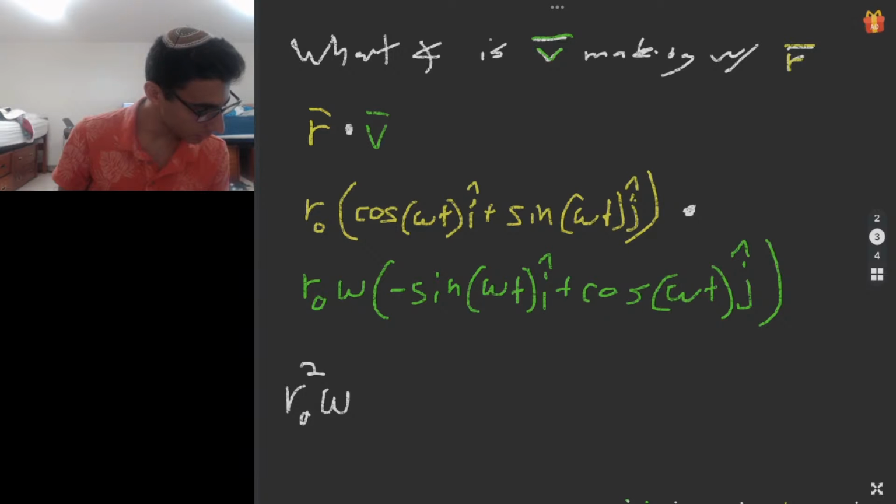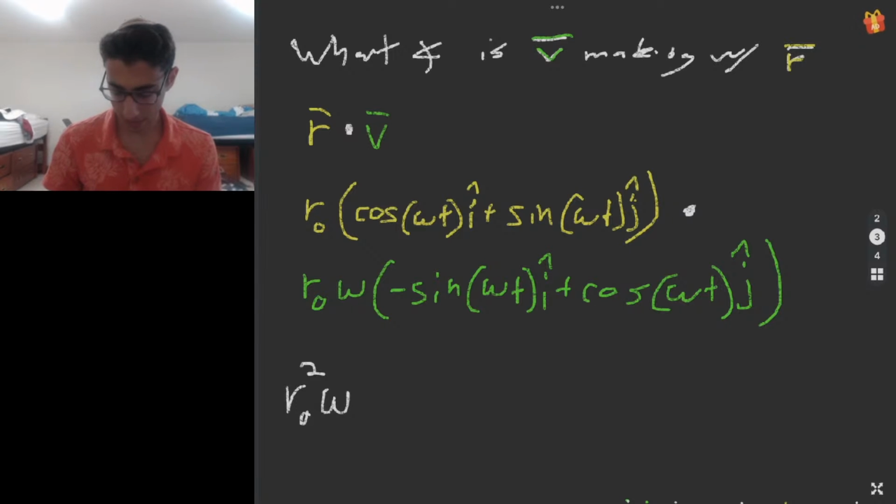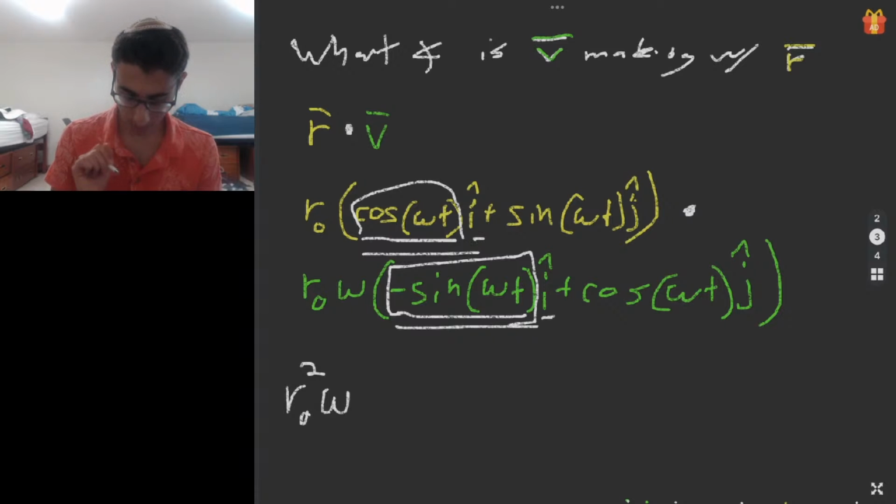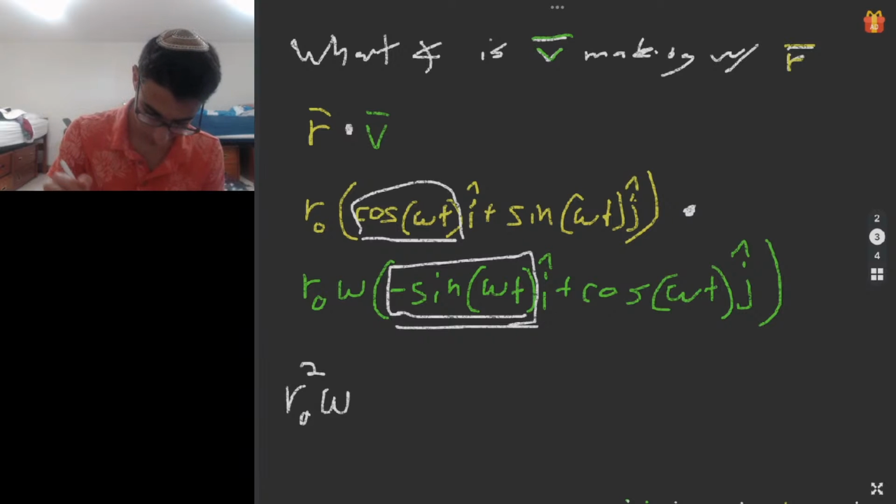So that will just give us a scalar. It's going to be cosine omega t times negative sine omega t, because this is a scalar and this is a scalar, which are the magnitudes of our respective vectors. Hold on, let's back up.